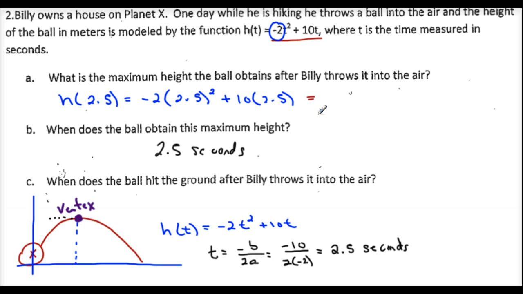What do you get as your maximum height after you've plugged it into your calculator? So negative 2 times 2.5 squared... we should get a maximum height of 12.5 meters. Let's just check that again.